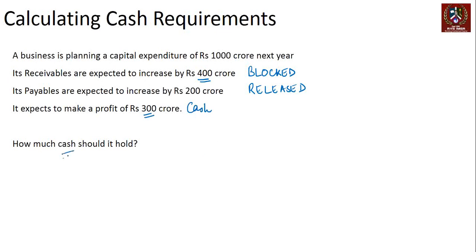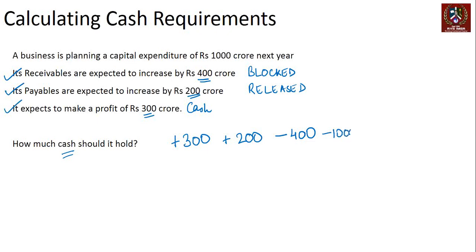What is the cash requirement? So they are going to get plus 300 on account of profit, which is this one. We've taken care of that. Payables are going to increase by 200, so that's going to add 200 because cash is released to the system. We have taken care of this. Receivables are going to go up by 400. That's going to block 400, so we have taken care of this.